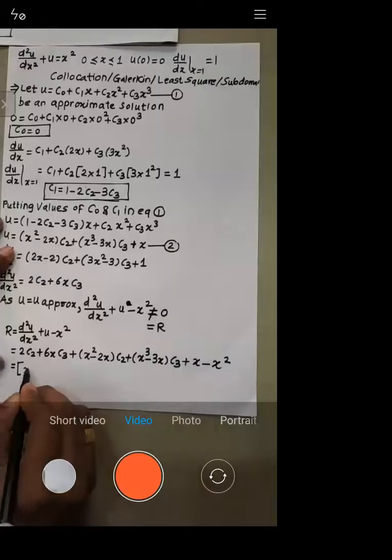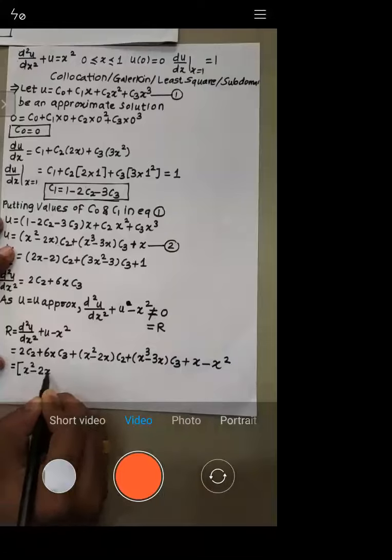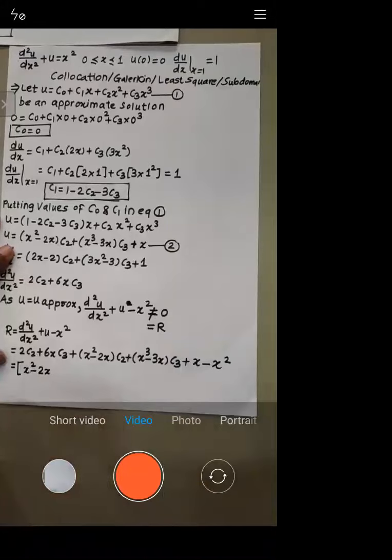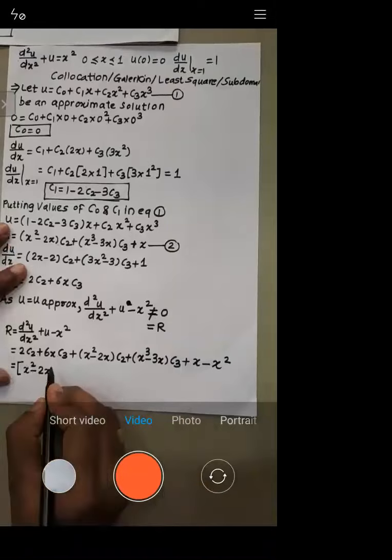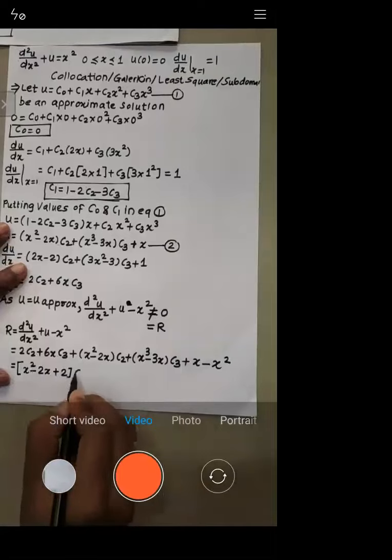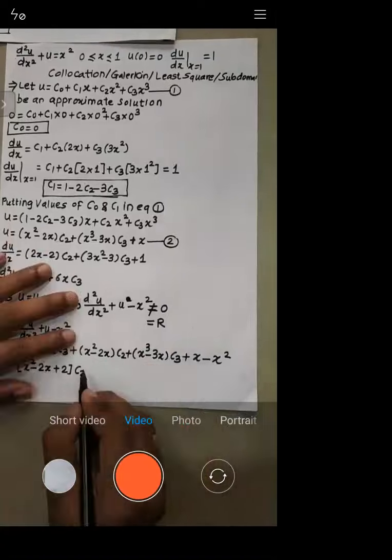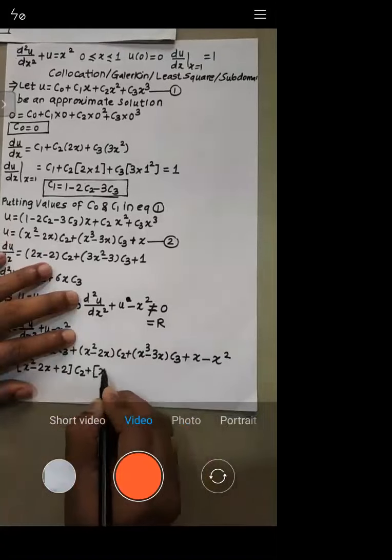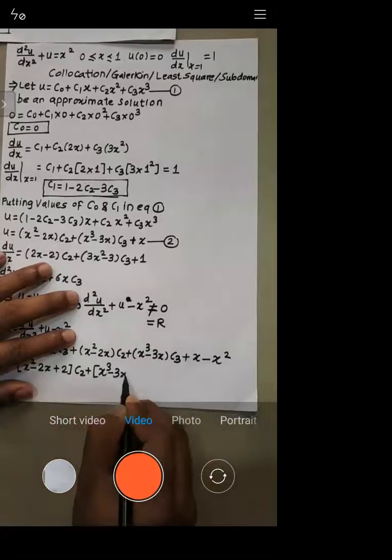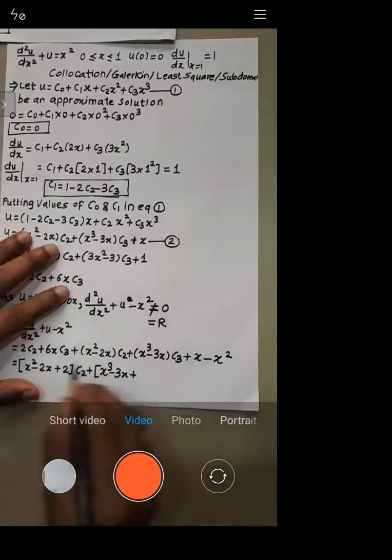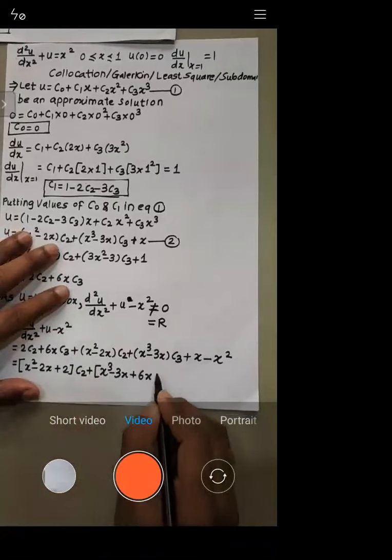So what are you getting? X square minus 2x plus 2. This is the coefficient of c2, right? Plus x cube minus 3x plus 6x. This becomes the coefficient of c3.